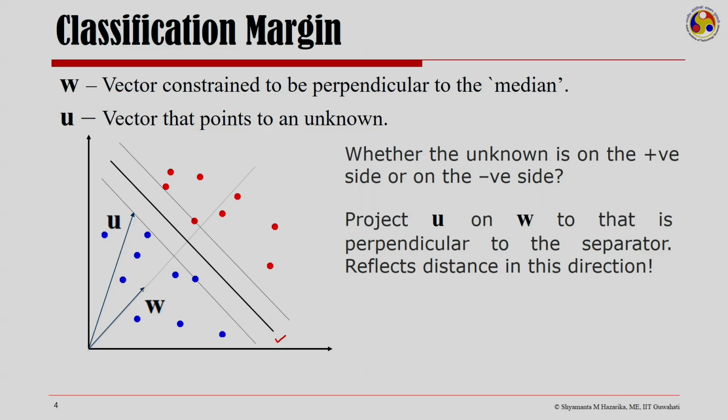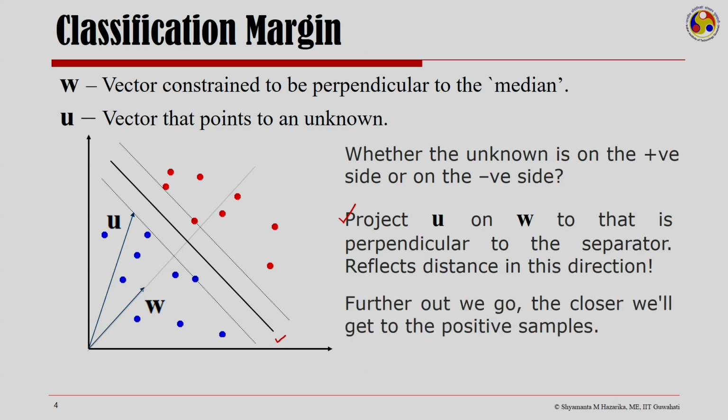So, we take u and let it fall on W. So, we project u on W, and what that means is now we have some form of a measure of the distance of that unknown sample in the direction of W, which is perpendicular to the median of the street.